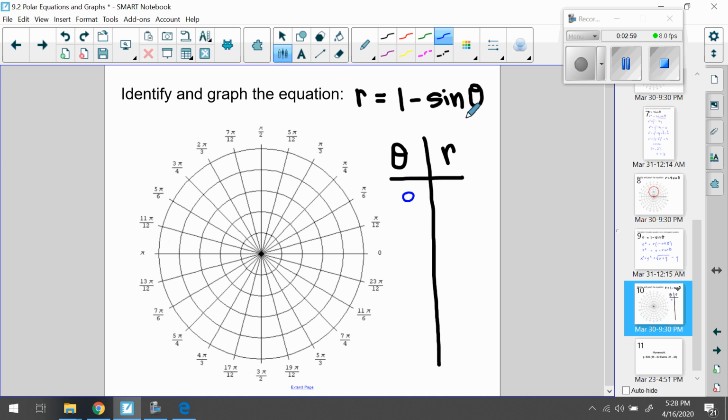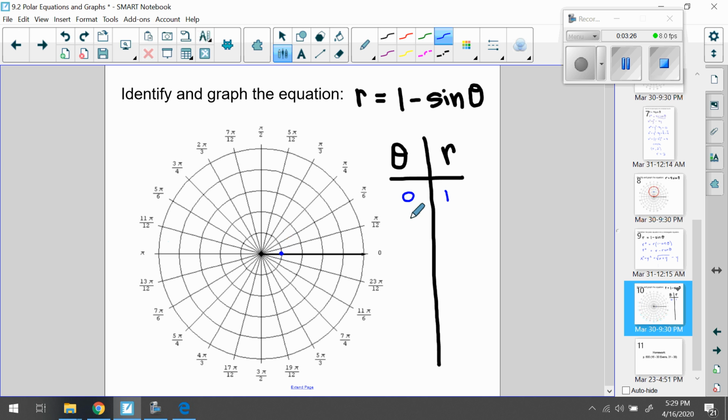So if I plug in a 0, sine of 0 is 0, and 1 minus 0 is 1. And so maybe I'll come on over here and graph that. So angle of 0, again, we should always start with our polar axis. And so if my angle is 0, I'm going to go along that axis an r value of 1. So I'll put my first point right here.